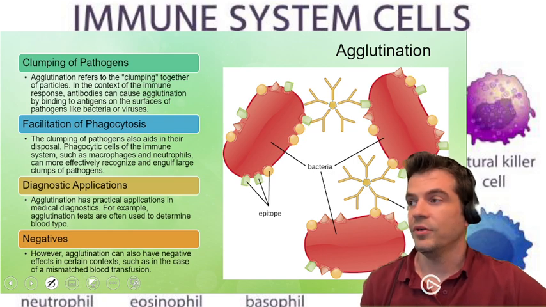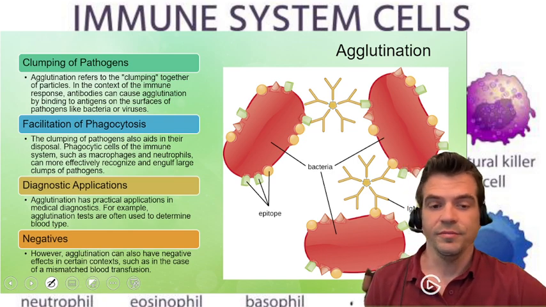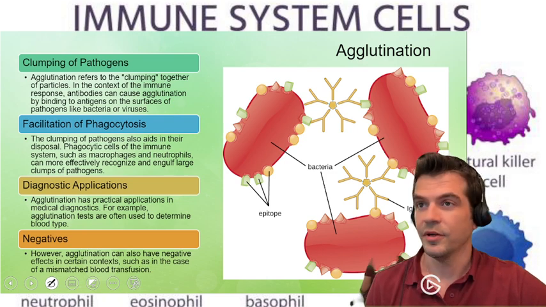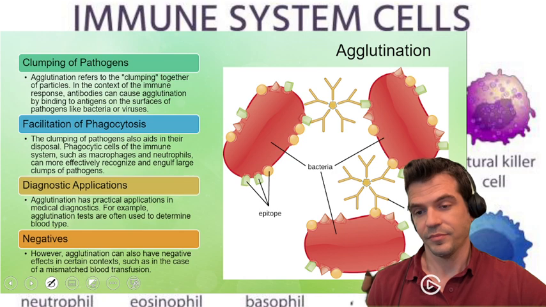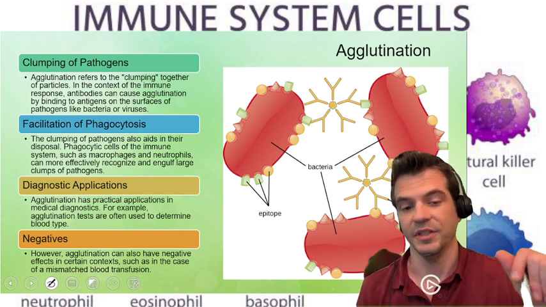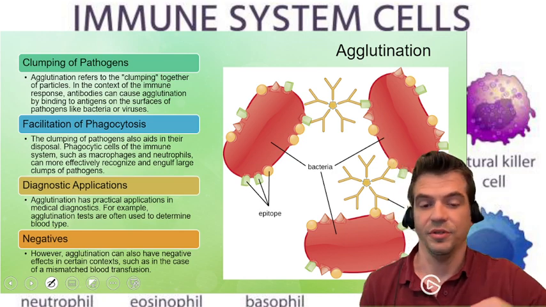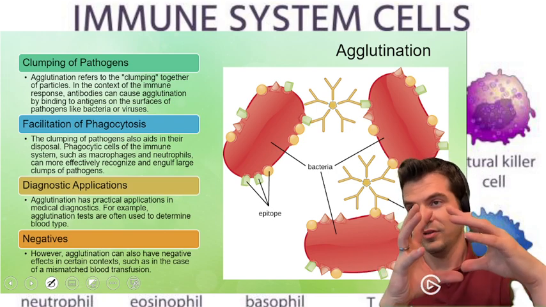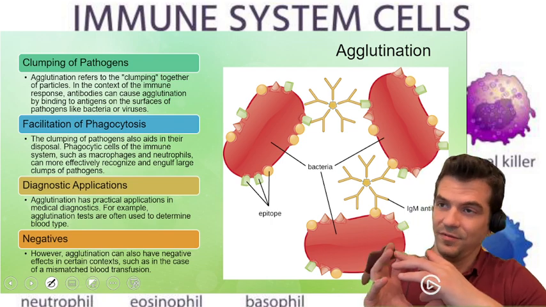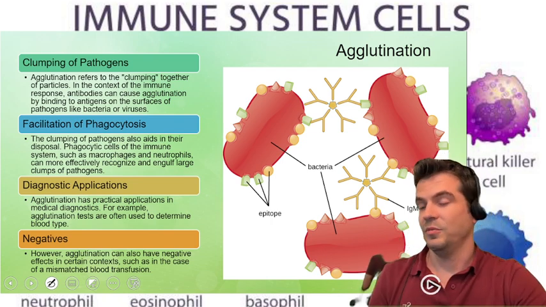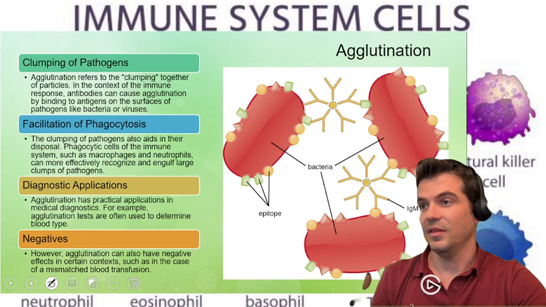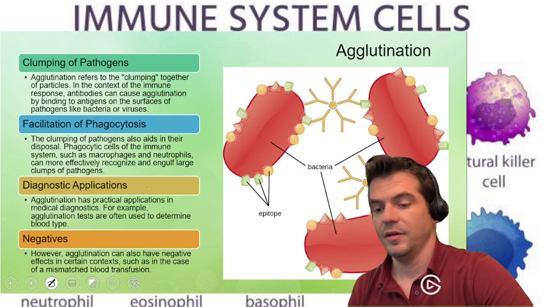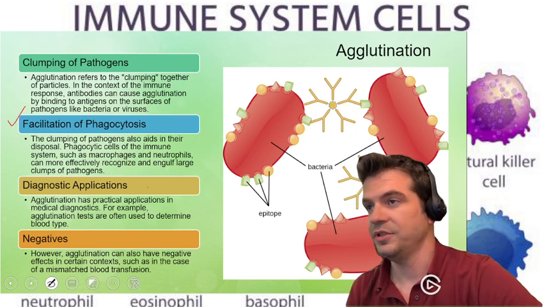Okay, and then we also have agglutination. Agglutination is another way that we can facilitate destruction. Okay, if this big old mass of bacteria is all connected and linked together and floating through the blood, it's going to be picked up for destruction a lot easier. So it's going to facilitate phagocytosis in that sense, right?